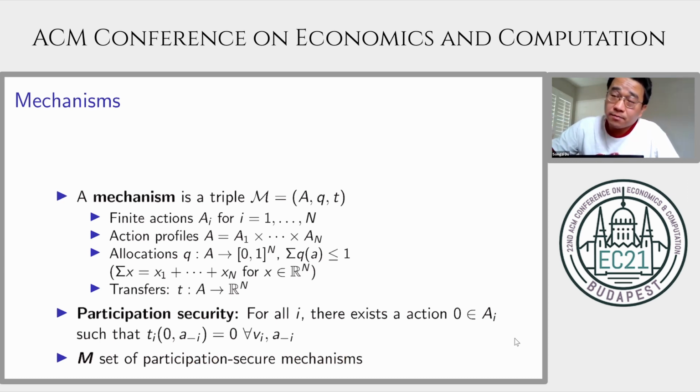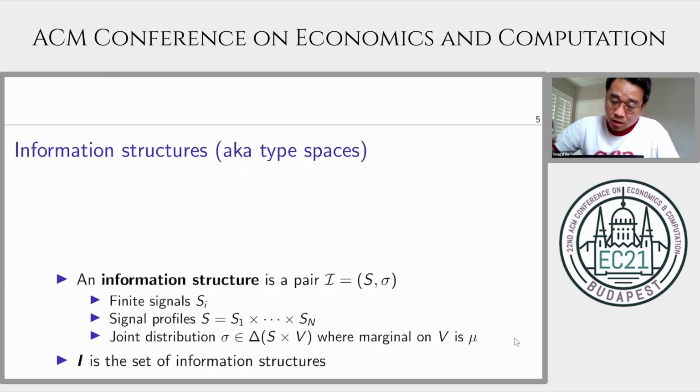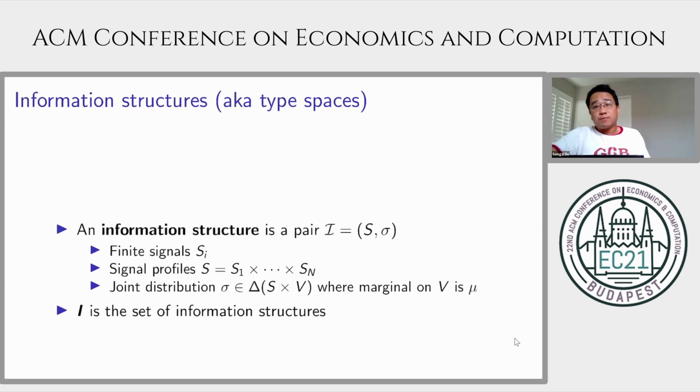Basically, a mechanism defines a simultaneous move game. Of course, we also have to specify the information structure, or the type space, to complete the specification of the Bayesian game. The information structure has a signal space for every bidder. Each bidder observes the realization of his or her signal.